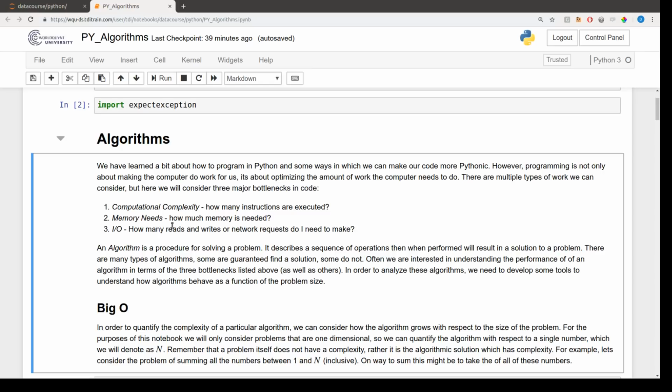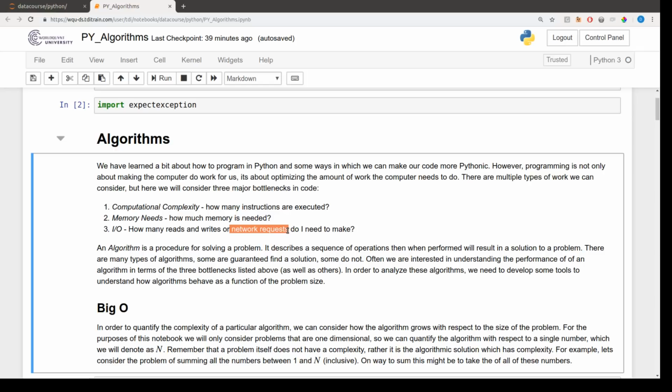And this traffic could be reads and writes to disk, which are relatively slow, bringing us back to this question about how many instructions do we need to execute and reminding us we have limited time, or how many network reads or writes essentially do I have to make, which not only take time but also take up bandwidth, and many computer systems have limited bandwidth.